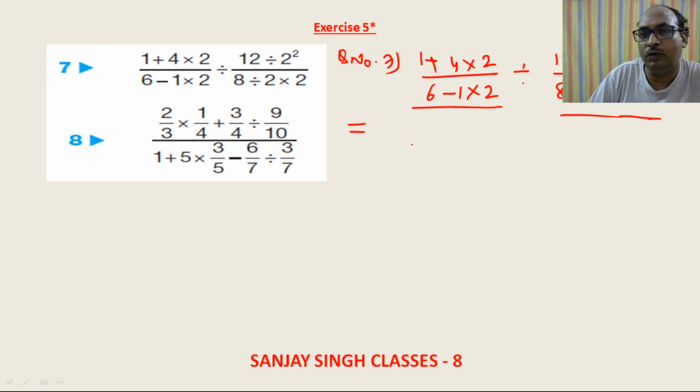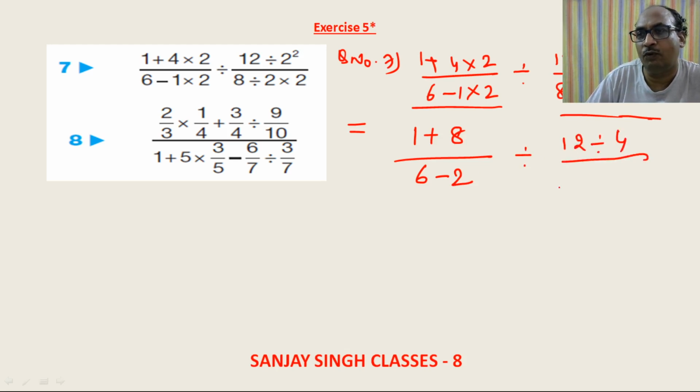So 1 plus 4 into 2, so 1 plus 4 into 2 has become 8, and in denominator 6 minus 1 into 2 has become 2, in between divided by is there, and 12, and indices need to be solved first, so 2 square will become 4, and 8, here it has become 8 into 1 by 2 into 2, okay, right.